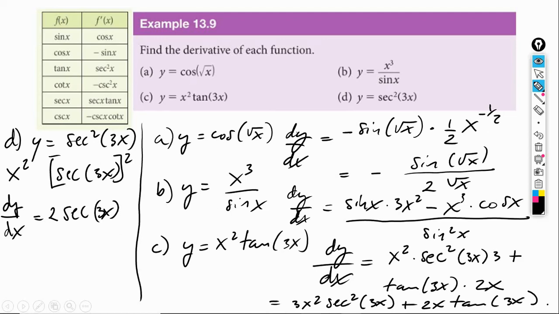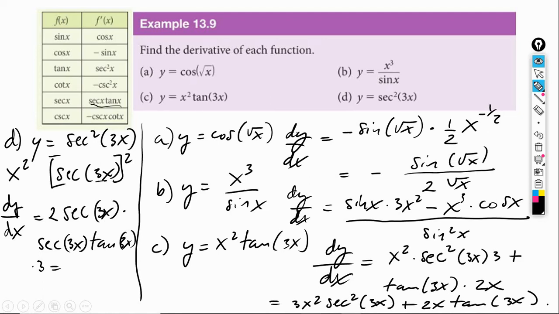Remember that in the chain rule we don't touch the inside until we come to the next part. So here we got to go times the derivative of secant. And the derivative of secant, which is right here, is secant times tangent. So that times secant of 3x times tangent of 3x. And this times the last derivative, which would be of 3x. So that's just times 3. Okay, but this can be simplified, right?